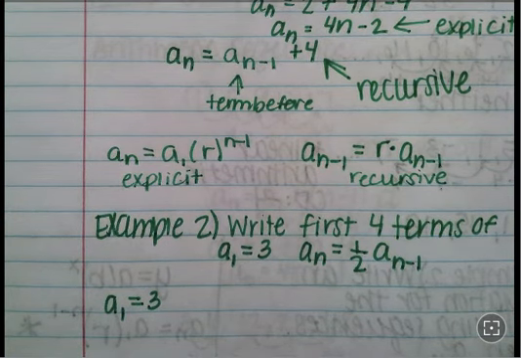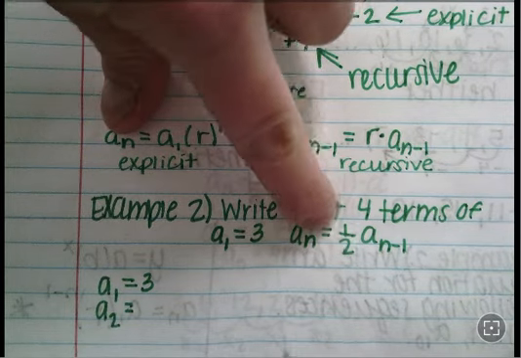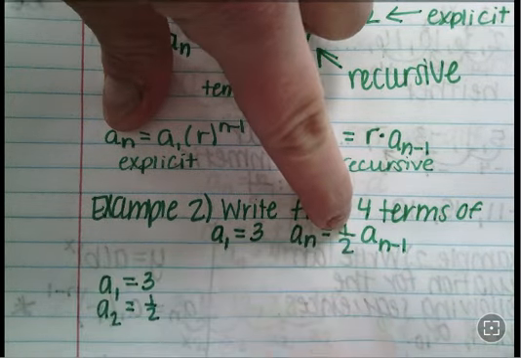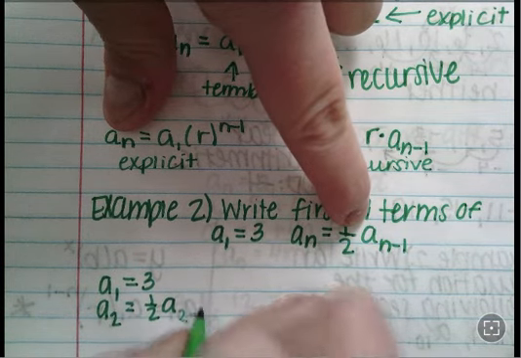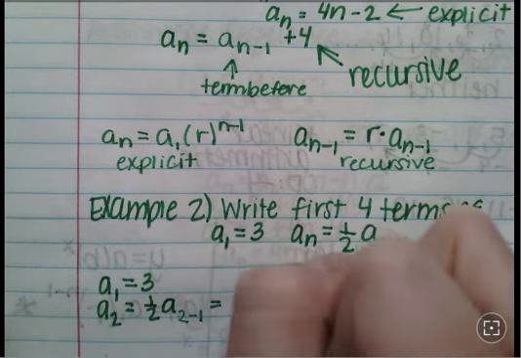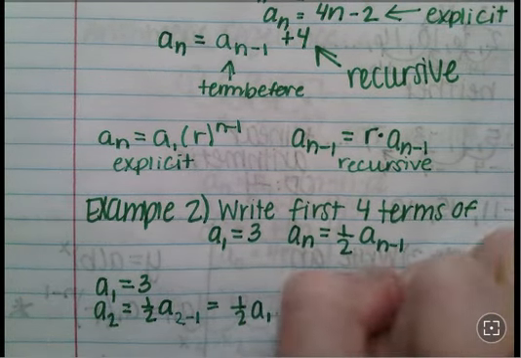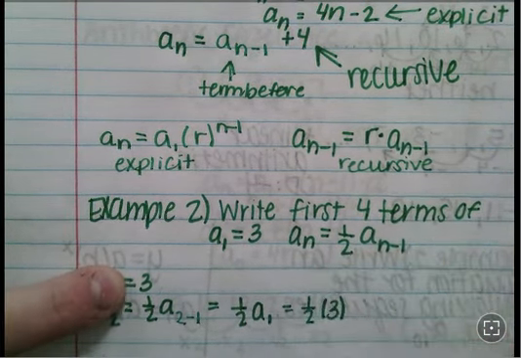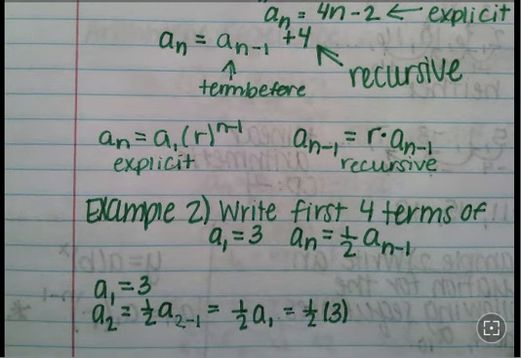If we want to write the second one, we go to this rule and say a sub 2 equals 1/2 of a sub, the n is now 2, and we subtract 1. That's the same thing as saying 1/2 of a sub 1. Well, a sub 1 we already know is 3. That's why a sub n minus 1 means the term before. You don't have to show me these two steps every single time, but that is why we use a sub n minus 1 to mean the term before.